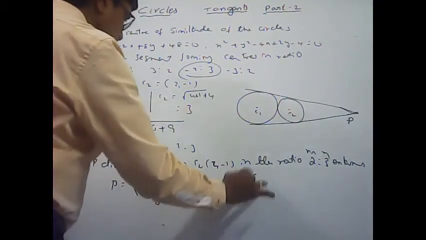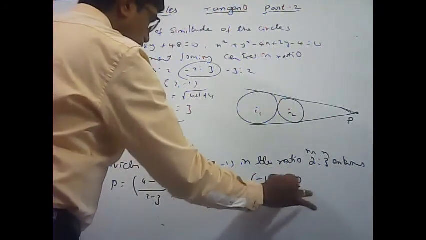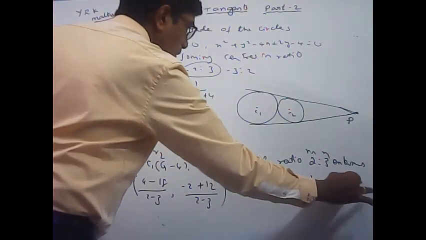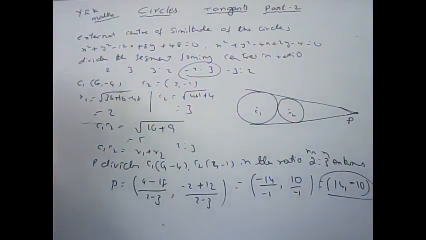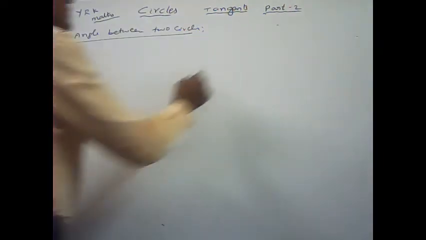So here minus 14 by minus 1, 10 by minus 1, that is equal to (14, -10). This is the external center of similitude. Internal also we can do like this only, but there we have to use the internal formula.